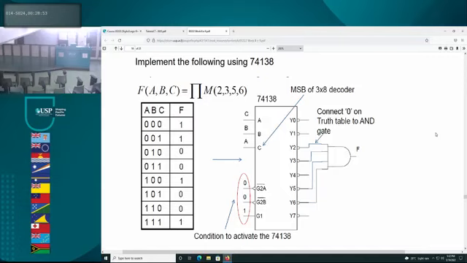So you've been given the product of sums terms, and those addresses 2, 3, 5, and 6. What does that address refer to? 2, 3, 5, and 6. Locations of all the zeros, the addresses of all the zeros. So 0 will occur at address 2, 010, address 3, 011, address 5, 101, and address 6, 110.